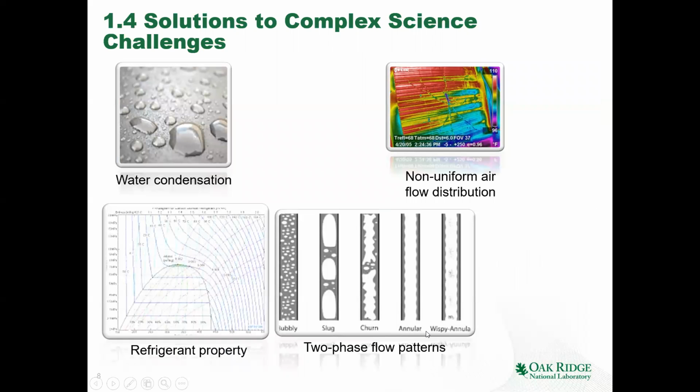This is a thermal system and component modeling tool. It describes detailed physics, for example, water condensation, non-uniform airflow distribution entering the coil, extensive refrigerant and fluid property correlations, and two-phase flow patterns.